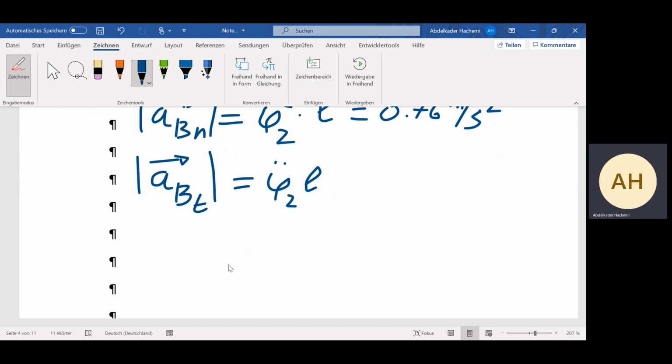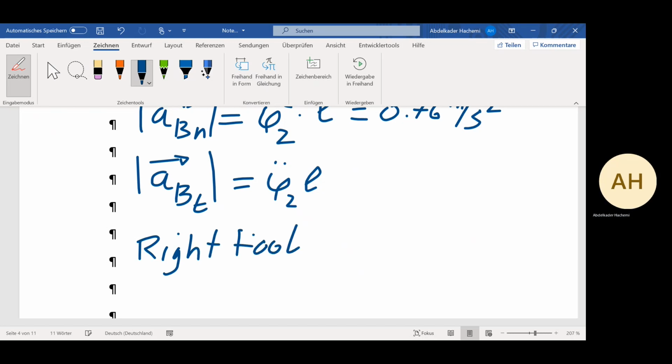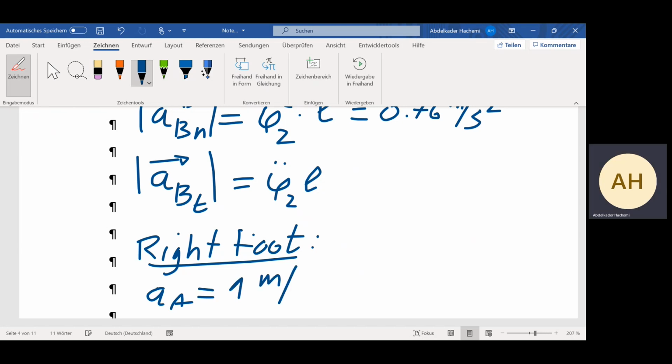Now, if we take the right foot, we have angular velocity and angular acceleration. We take them as phi dot and phi dot dot. Then we have here AA, which is given in the exercise, it's 1 meter per second square.